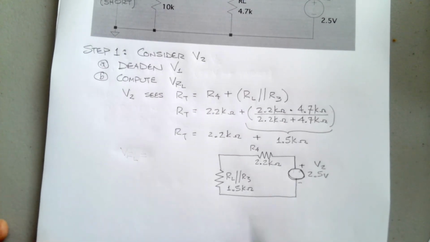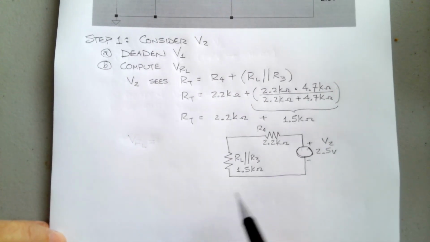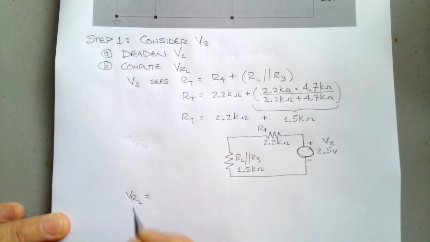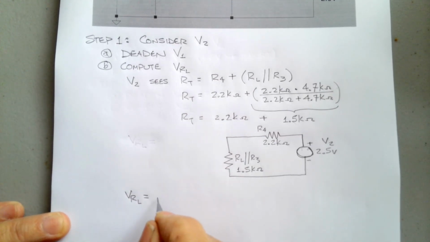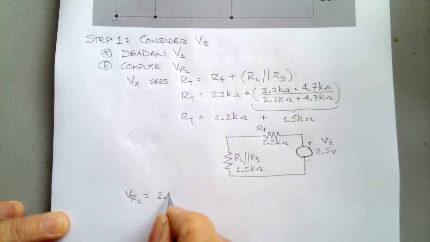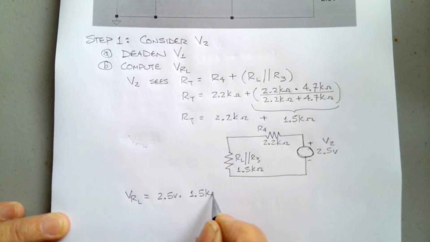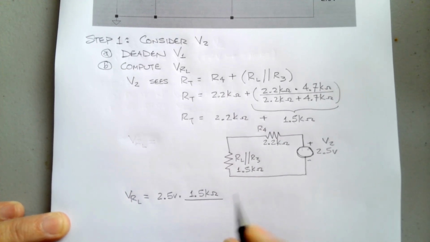So to use the voltage divider rule, we would look at this thing and say that VRL in this case is going to be 2.5 volts times 1.5 k ohms divided by 1.5 k ohms plus 2.2 k ohms.